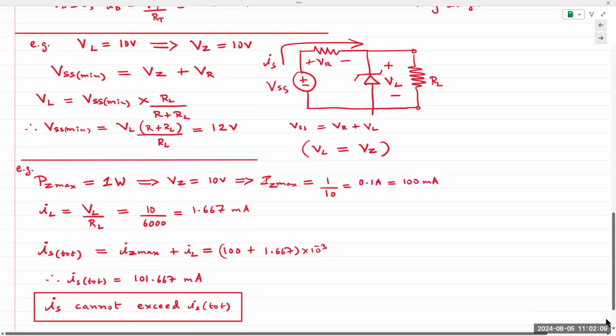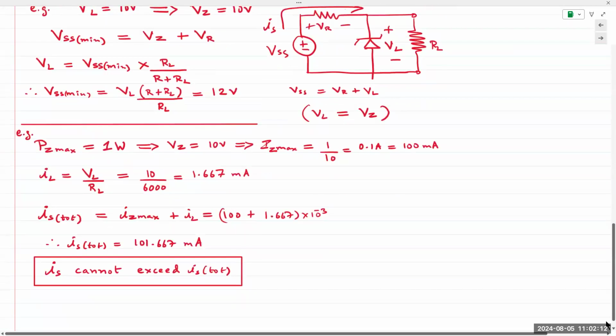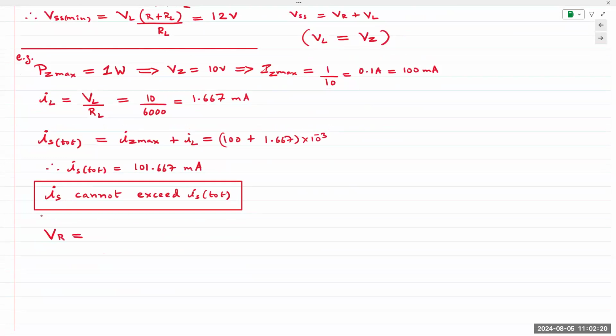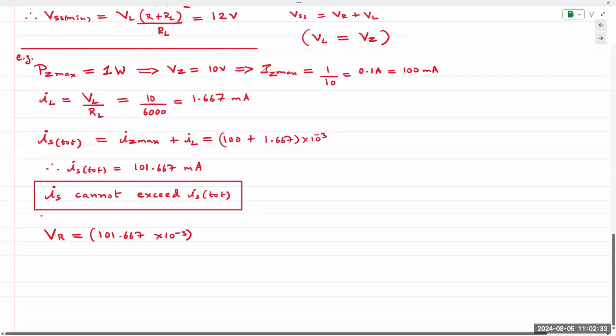So VR, and again, Ohm's law, right? Same circuit analysis techniques. Ohm's law, VR is your maximum current, which is 101.667 milliamps, times your R, or sorry, times the voltage, 12 volts, and that gives me 122.